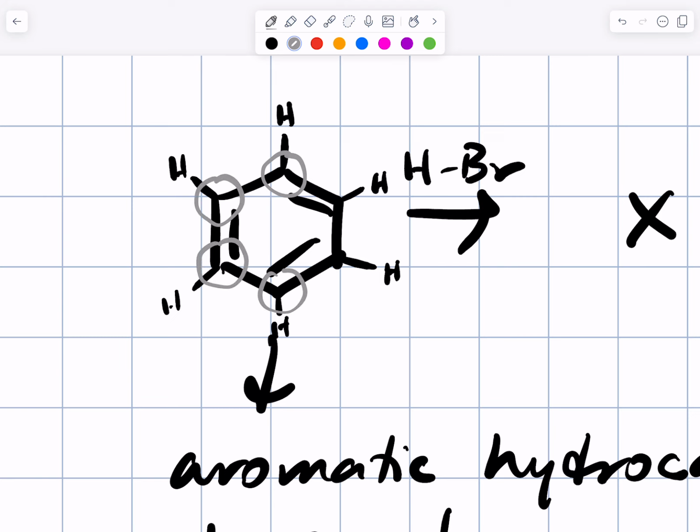I'm drawing the top lobe of the p orbitals on each of these atoms, and of course there's another lobe below the plane of the page, 6 of them, all lined up together on adjacent atoms, side by side, basically pi-type overlap. And this is one of the requirements for aromaticity. If one of those atoms was sp3 hybridized without a p orbital, couldn't be conjugated, couldn't be aromatic, couldn't be fully conjugated.